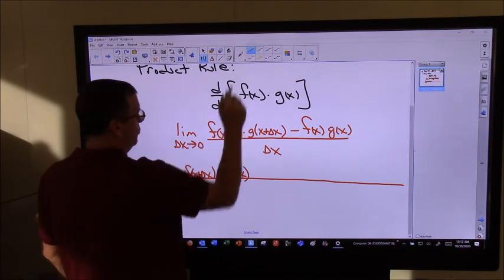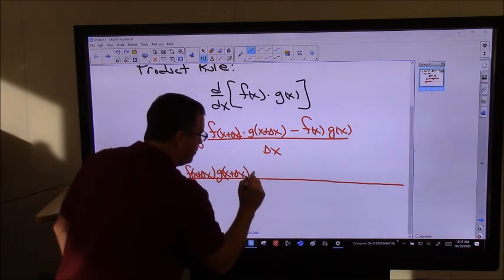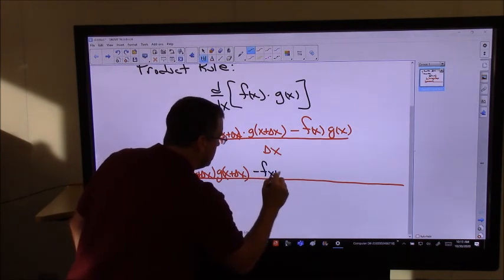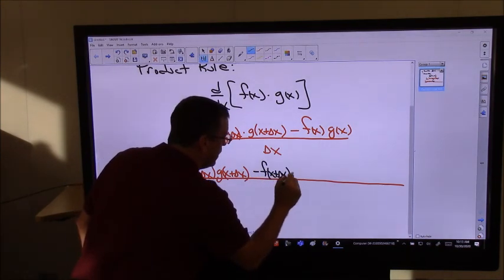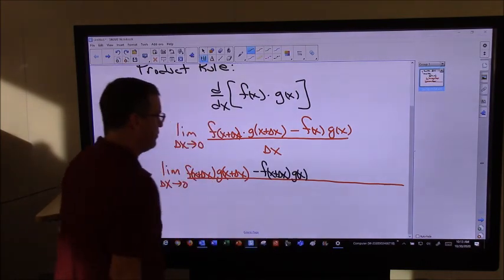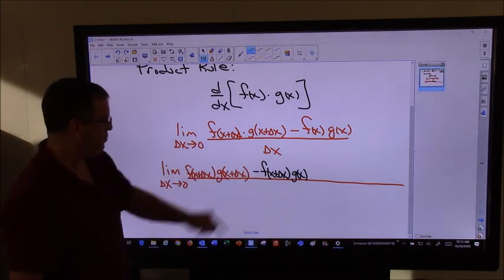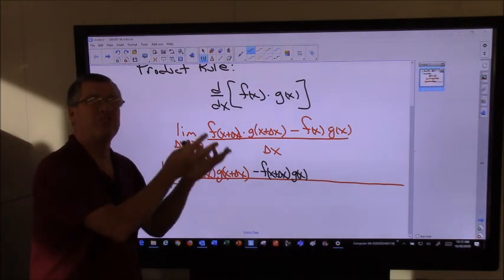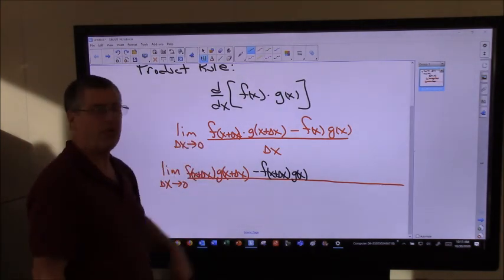And then I'm going to insert something here. I'm going to subtract f of x plus delta x times g of x. Now, why am I choosing that? Somebody else figured this out. I'm just passing the information on. How they came up with that, I don't know.